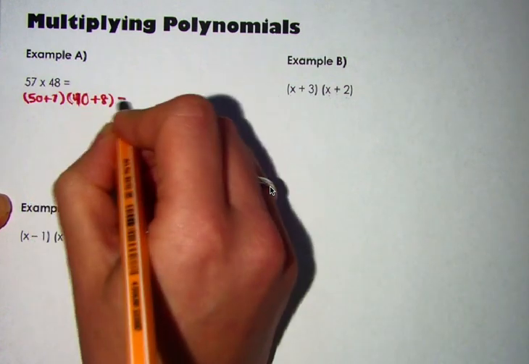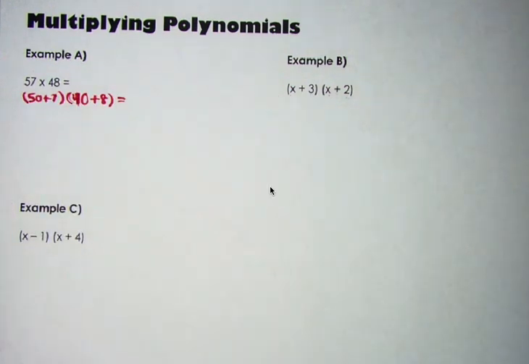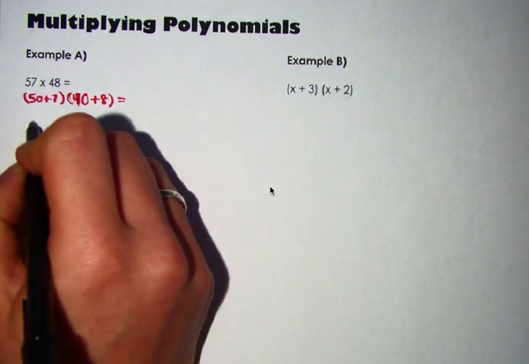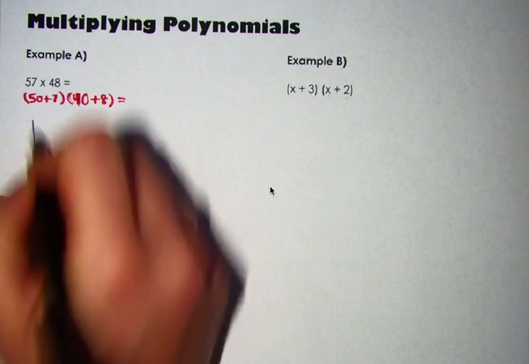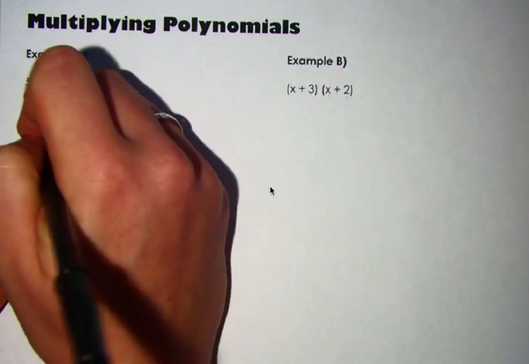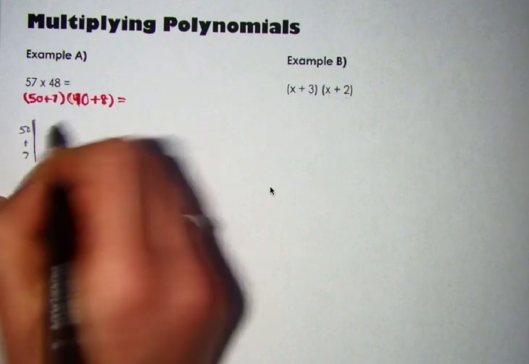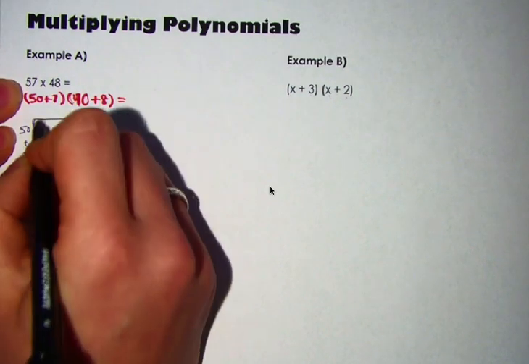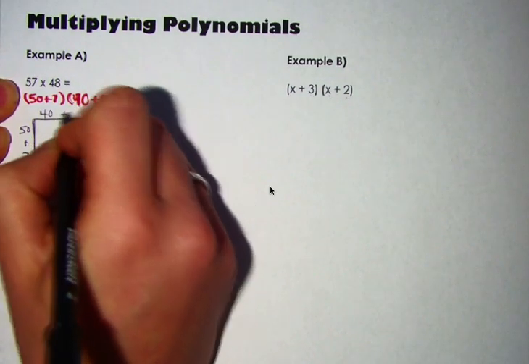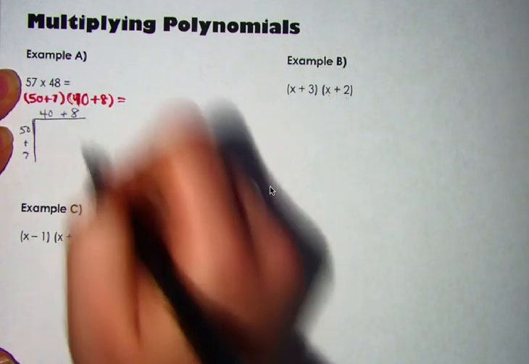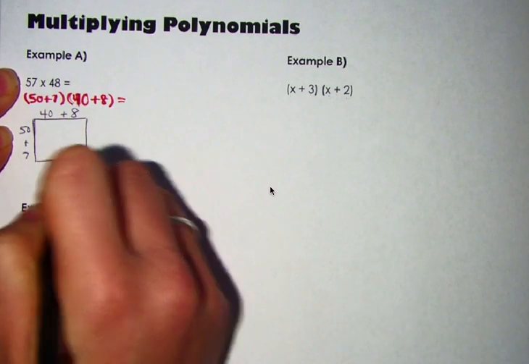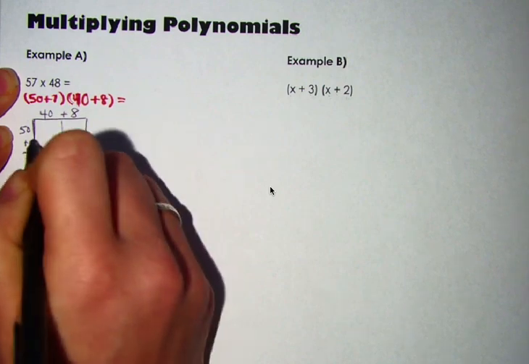I'm going to find the area of this rectangle by using length times width and our binomials. So when I divide up the 57, I have 50 here and a plus 7 here, and then the 48 could be a 40 plus an 8. So then I'm basically doing 4 separate area problems inside my rectangle.